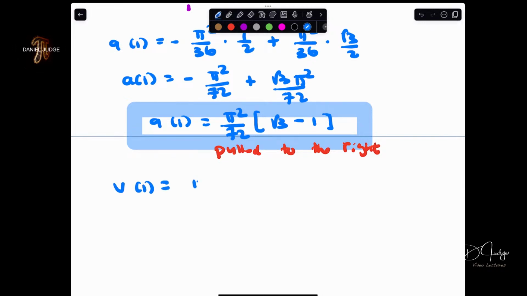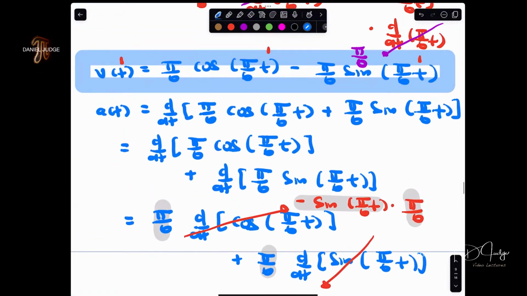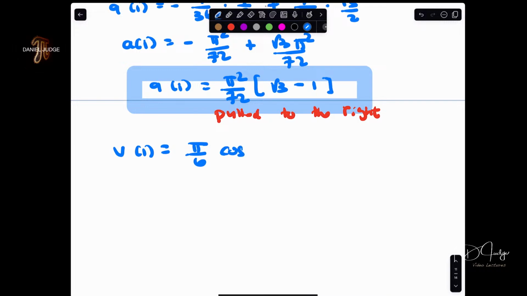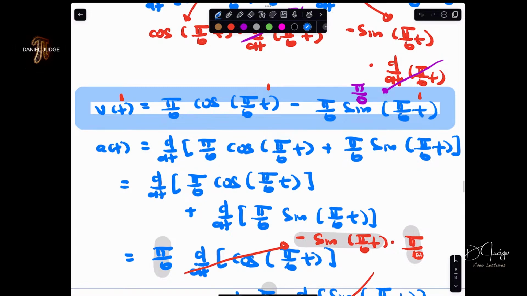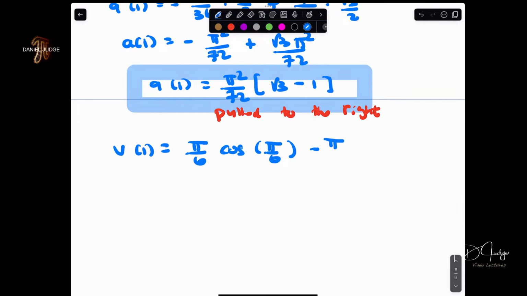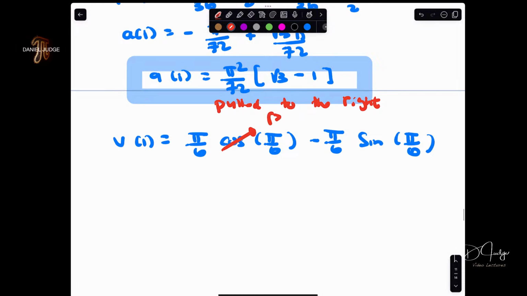V of 1 now is pi over 6. We're going to let t be 1. See what we get. Pi over 6 cosine pi over 6, and I think that's minus, right? Minus pi over 6 sine pi over 6. 30 degrees. Cosine of 30 degrees, we said, was square root of 3 over 2.